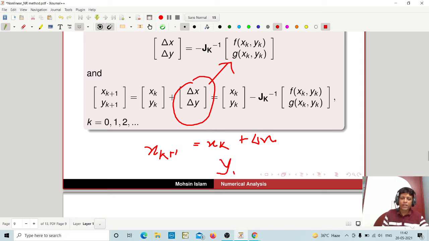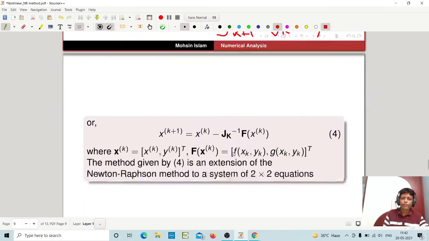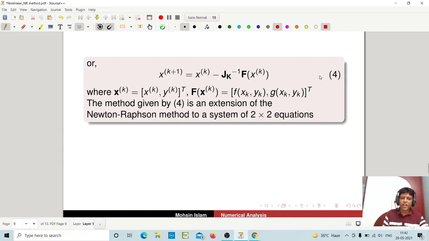And y_{k+1} equal to y_k plus delta y. So you have this expression number 4. This is the solution, and k is the iteration step. This method given by 4 is an extension of the Newton Raphson method to a system of 2 cross 2 equations.